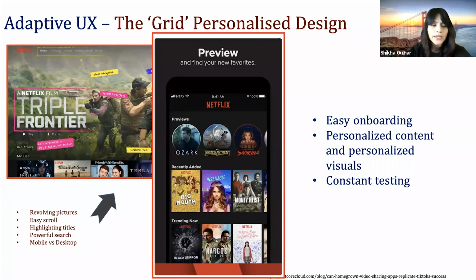So the grid design or the revolving pictures, the easy scroll option, the powerful search, or even the variation in place for mobile versus desktop are some of the very powerful UX designs that support the adaptive UX approach.